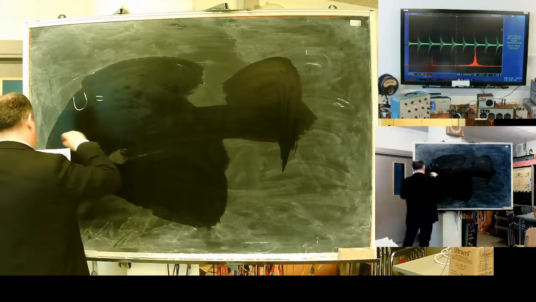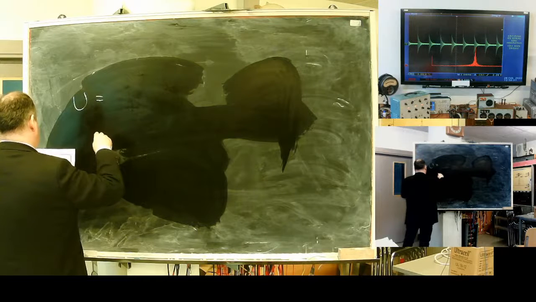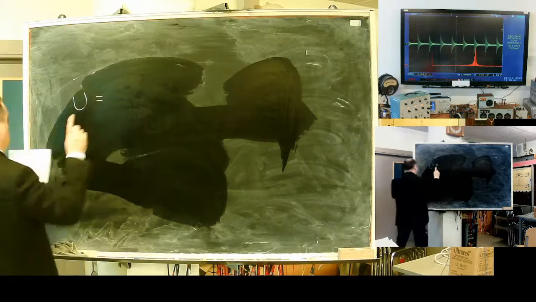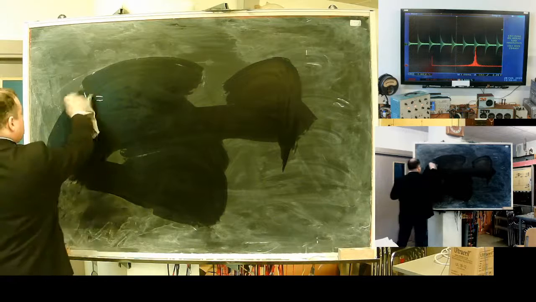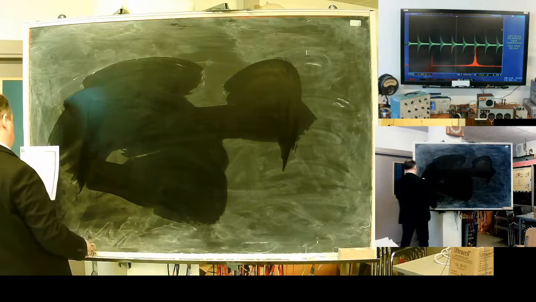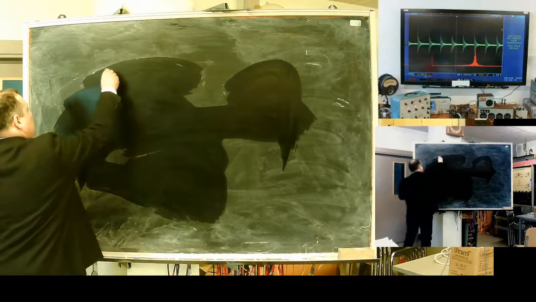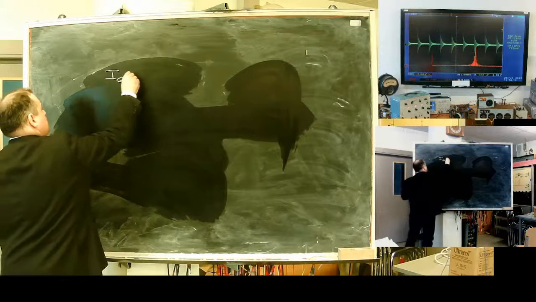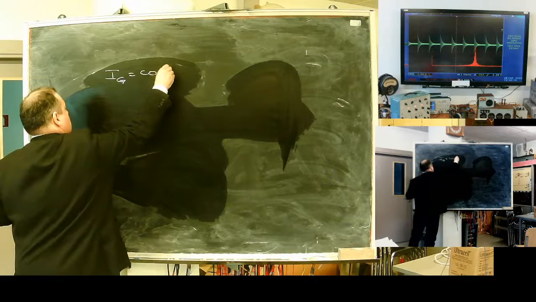Voltage. Let's assume we have an ideal generator, so E generator is constant.